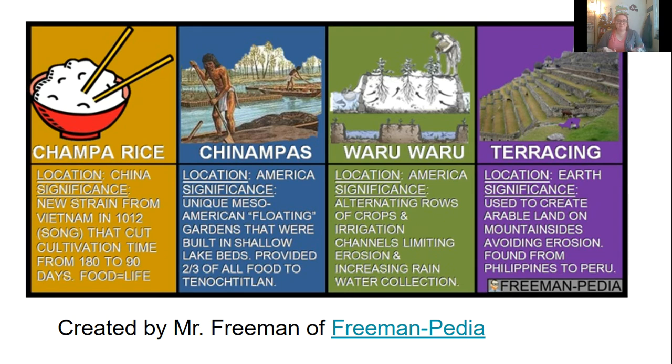They would dig up some of the soil, the silt, the lake bed, and they would mix it with rock and twigs and create this floating mass of land that they would build a garden into. And because they used the nutrient-rich lake bed, it meant that they could grow just about anything. So 2/3 of all the food that they consumed in Tenochtitlan actually came from these floating gardens.